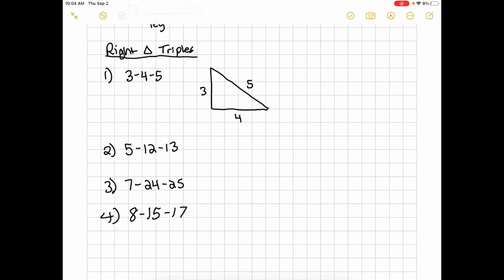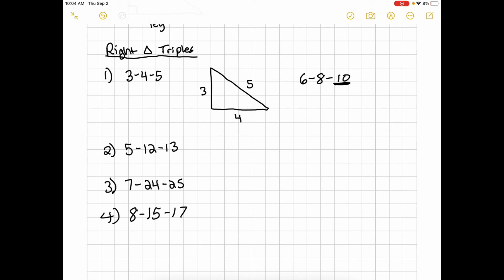For example, if you saw a triangle that the legs were 6, 8, and you tried to figure out the hypotenuse, well, this is a 3, 4, 5 multiplied by 2. If you multiply 3, 4, 5 times 2, you're going to get a 6, 8, 10.